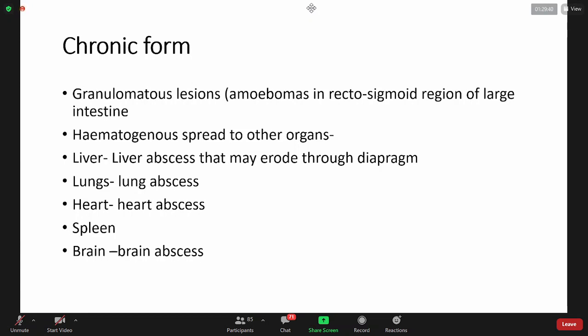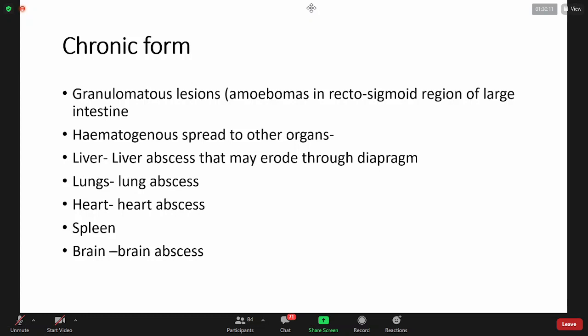And when they enter the liver, they set up a liver abscess, which may pass through the diaphragm and then affect the lungs. And in the lungs, we have development of a lung abscess. The parasite may reach the heart, and here there is development of a heart abscess.